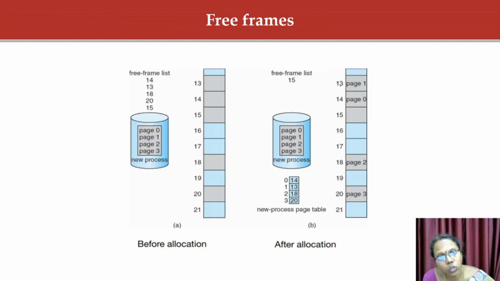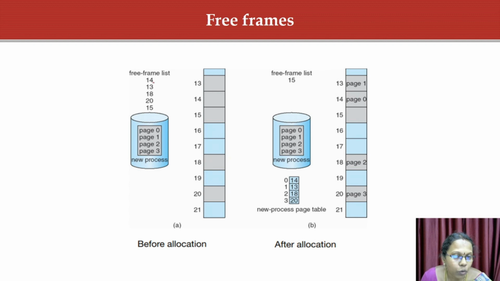Paging also works like a job scheduling scheme. When a process is to be executed, its size is expressed in pages. Every page needs one frame. Thus, if a process contains n pages, we need n frames. If n frames are available, they are allocated to the pages of the arriving process.